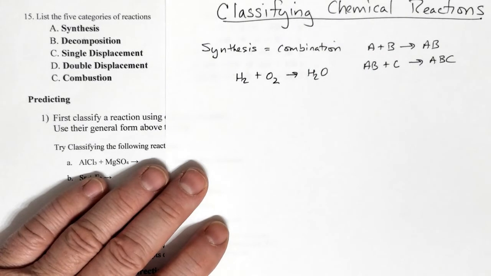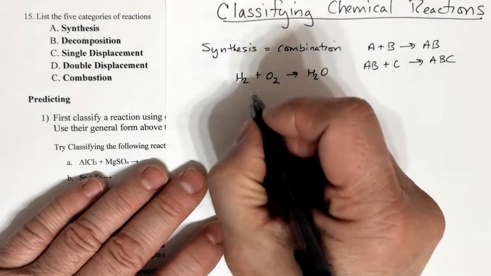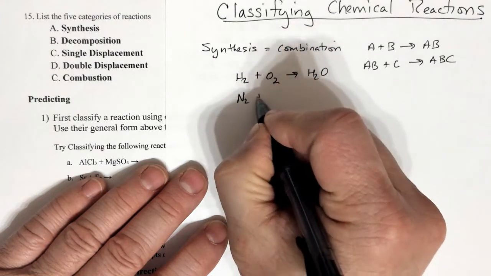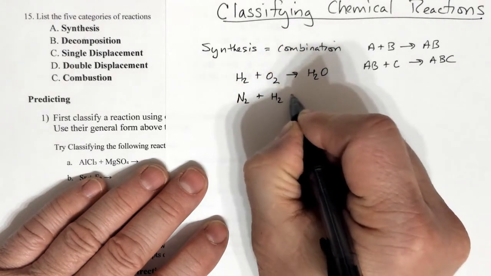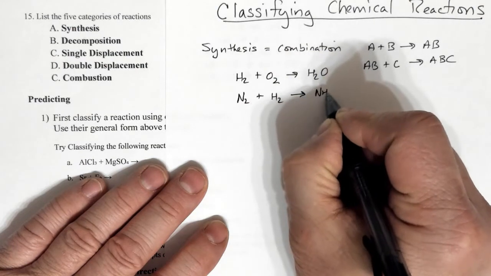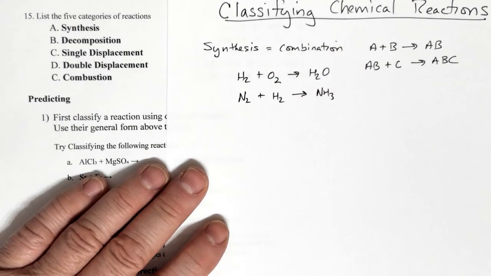That would be an example of a synthesis type reaction. Maybe one like nitrogen and hydrogen go to make ammonia. That would be another combination type reaction. So I just want to give you one.